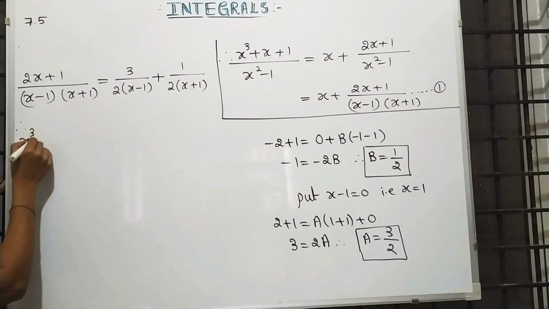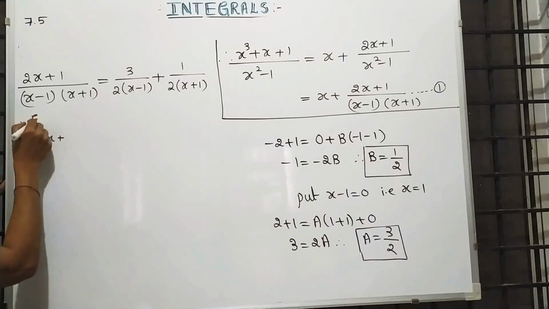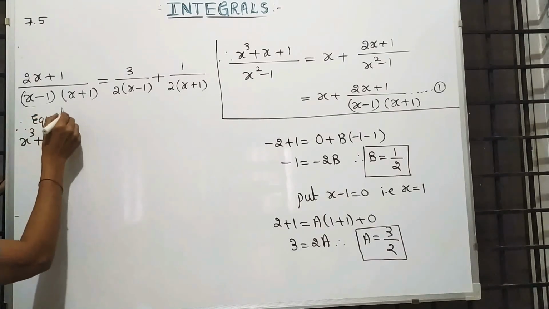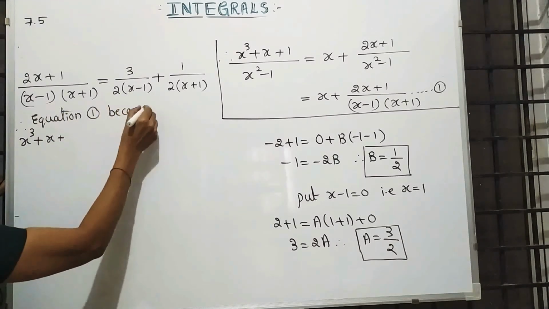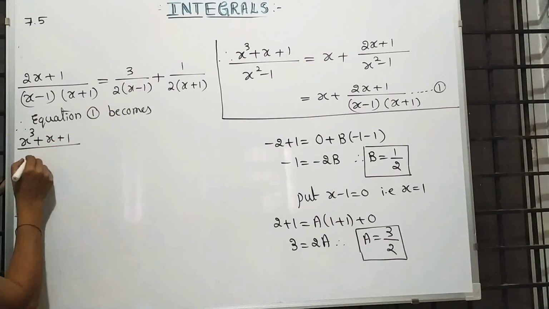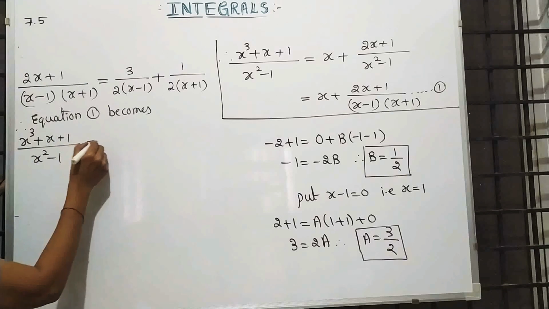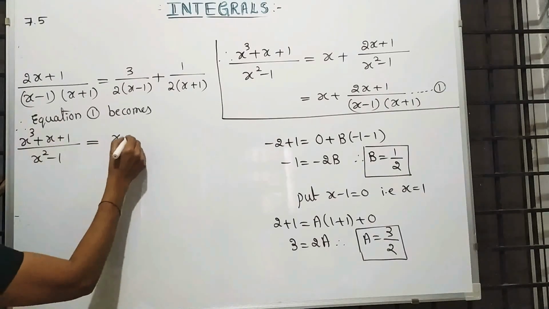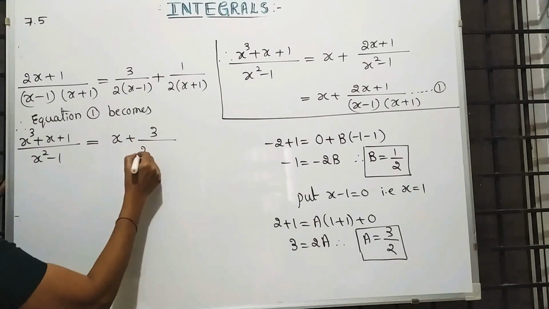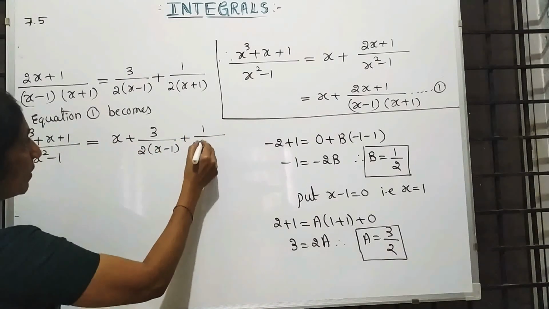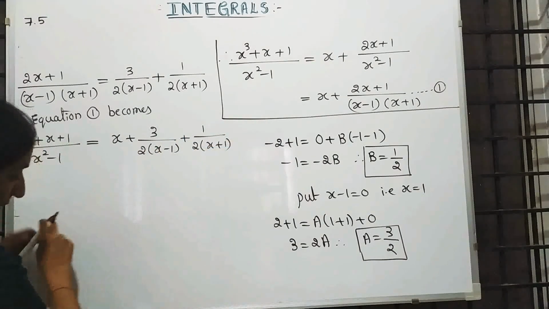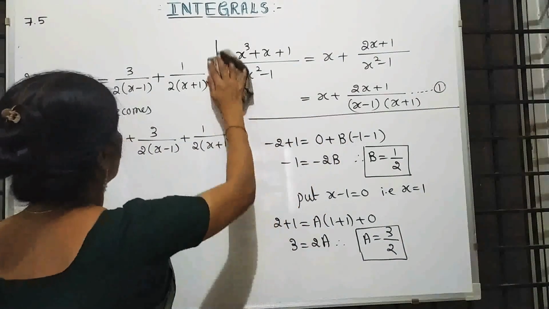Therefore equation 1 becomes x cube plus x plus 1 upon x square minus 1 is equal to x plus 3 by 2 x minus 1 plus 1 by 2 x plus 1.